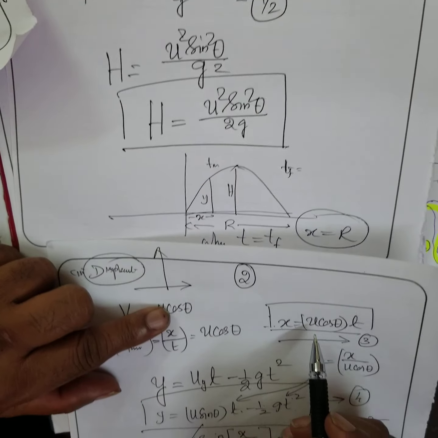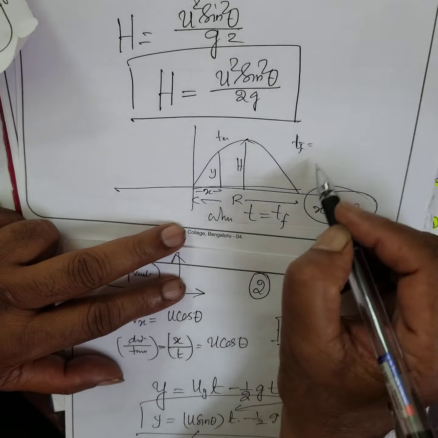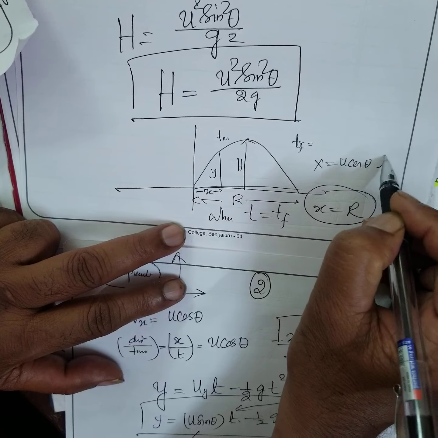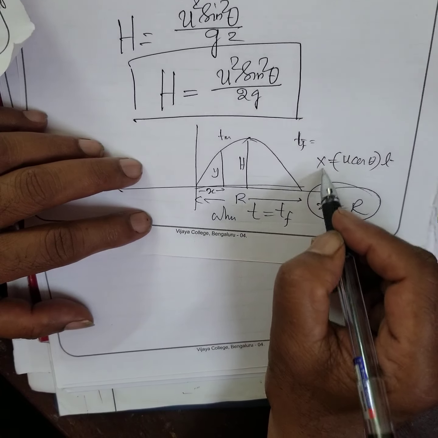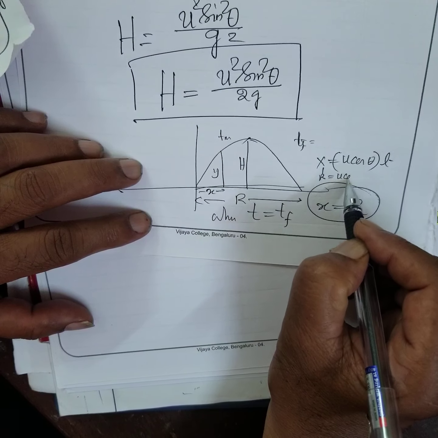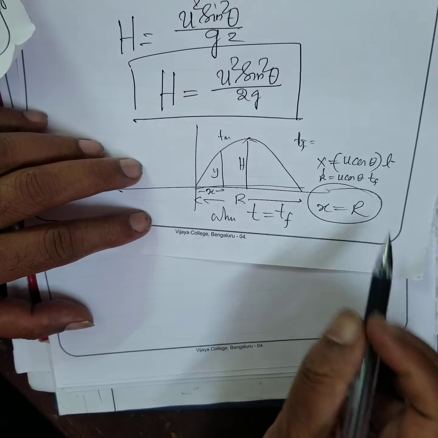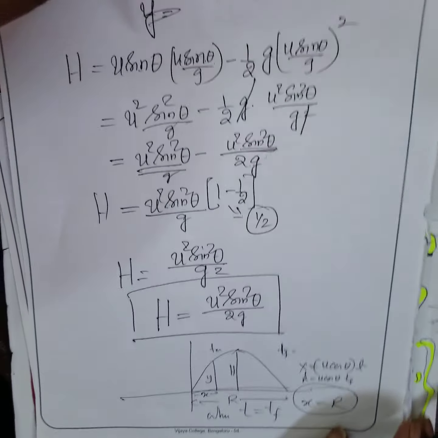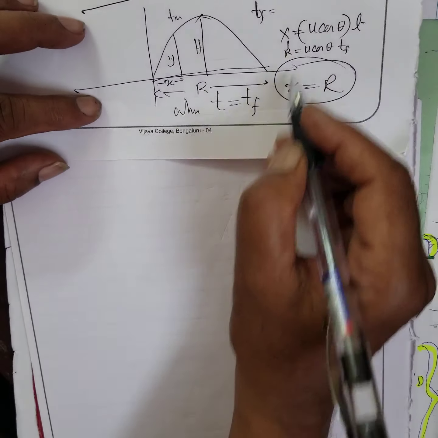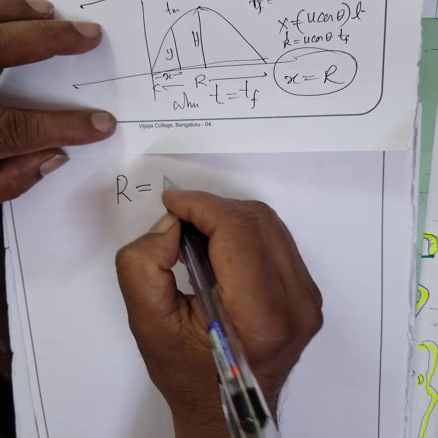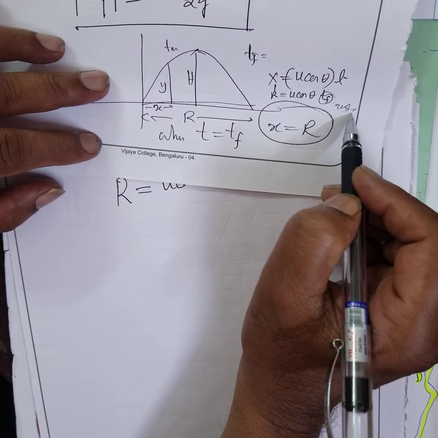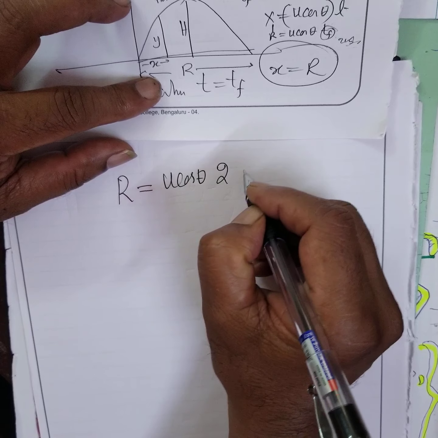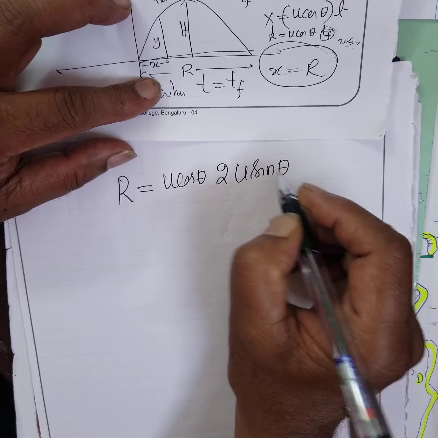Therefore, you know x is equal to what? X is equal to u cos theta into t, is it not? From the equation 3. Therefore, x becomes R, u cos theta, t becomes tf. Okay? Therefore, x becomes R, u cos theta, tf is equal to 2 times u sin theta by g.